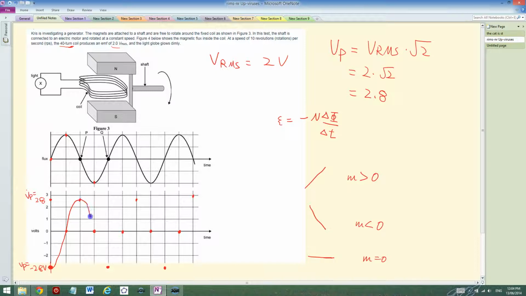If you draw straight lines in this type of question, you get 0 marks. Always remember the sine waves or cosine waves, with a peak voltage of 2.8 volt.